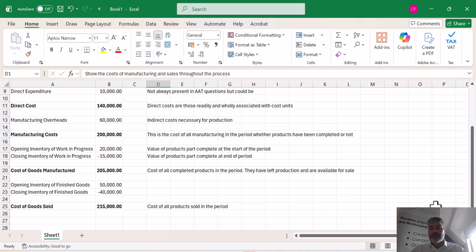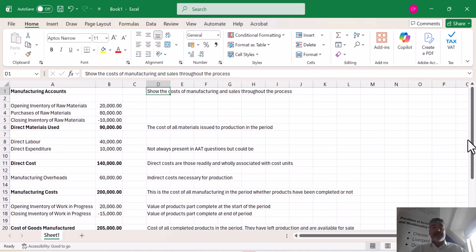So let's just briefly go back and summarize the process in putting together this manufacturing account. We want to arrive first at the cost of direct materials used by production. Take the opening inventory of raw material, add all the purchases of raw material in the period, and deduct the value of what we're left with in terms of raw material at the end of the period.